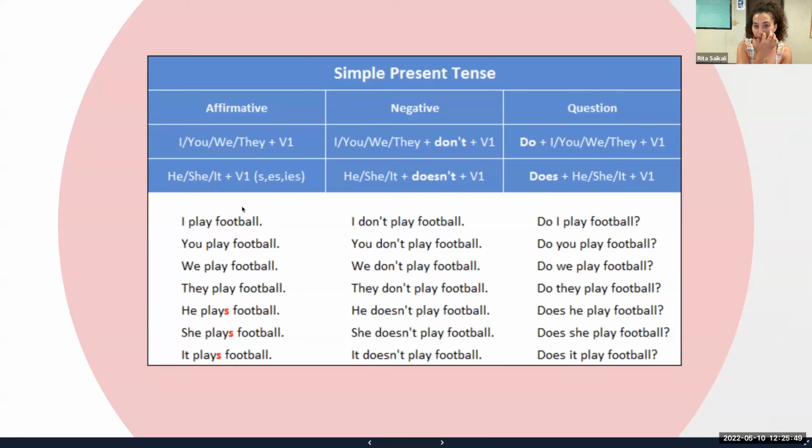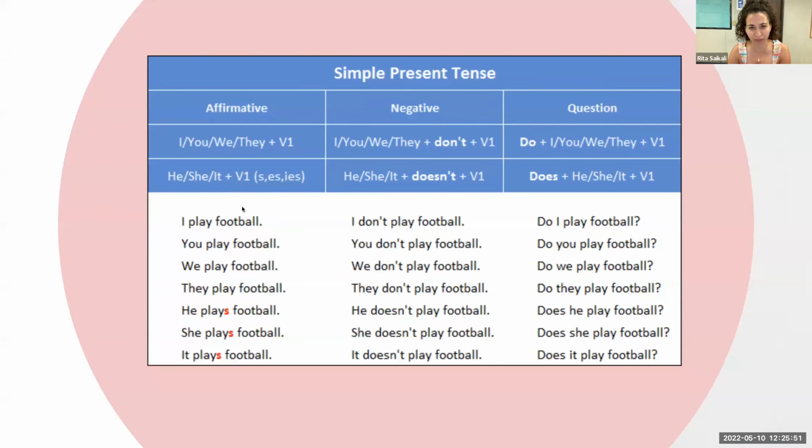It plays football. Okay. So with negative, or so when it's not correct, right? When there's a negative, a no, we put the pronoun or the noun plus do not or don't or does not or doesn't plus the verb. So again, everything except third person singular takes do not or don't.